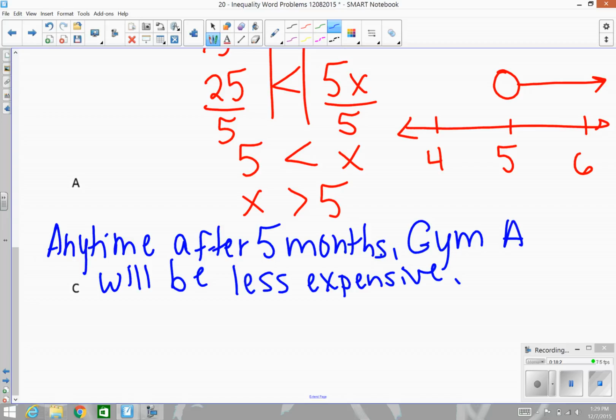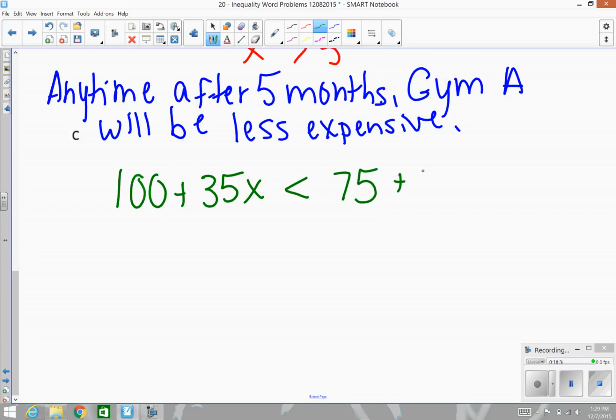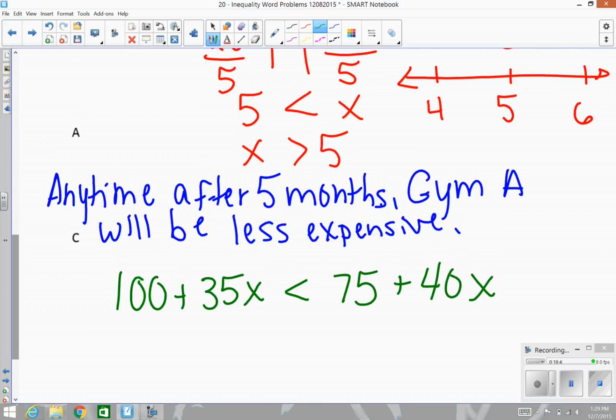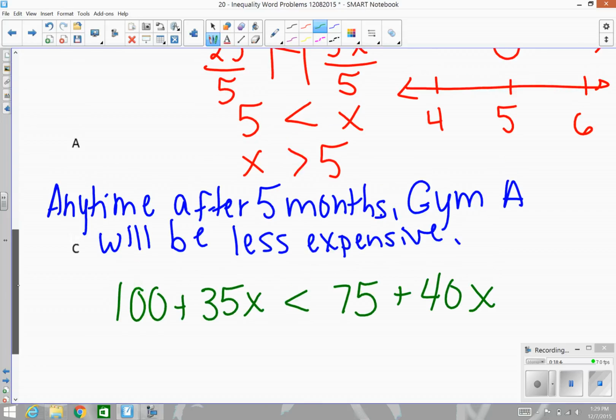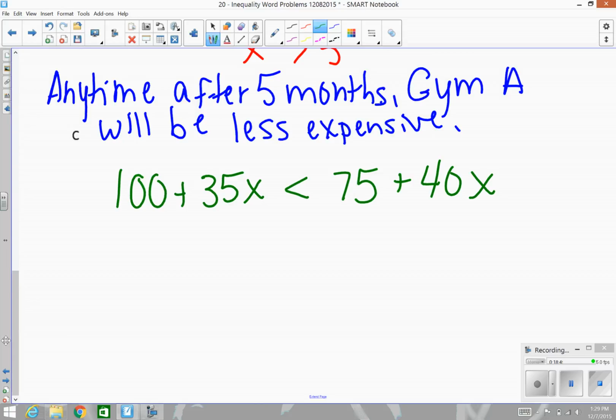And our final step is to check. So we're going to rewrite our original: 100 plus 35x is less than 75 plus 40x. And I can choose any number that is greater than 5. You choose. I think 10 is a nice number.